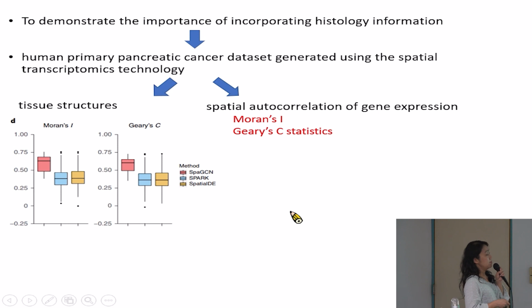Further, they use the spatial autocorrelation of the gene expression and find that Moran's I and Geary's C statistics compare these two available tools, SPARK and SpatialDE, in blue and yellow color, and find that the red column shows the higher value of these two statistics, which shows that SpaGCN has higher autocorrelation of gene expression.